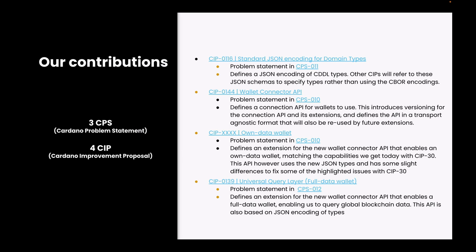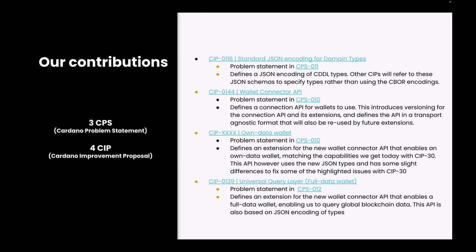So after that, we've proposed a CIP which does not have a number yet, so we will refer to it as CIP-XXXX. But essentially, it is a CIP which proposes a wallet extension which enables an own data wallet. This essentially gives the same capabilities we get today with CIP-30. The API we propose is fully CIP-30 compatible.